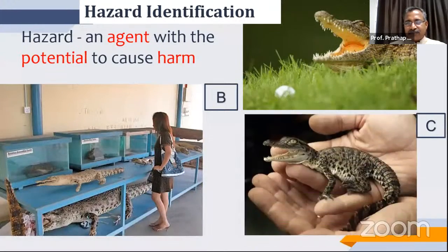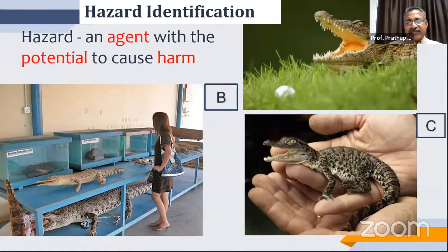Now you can see these three pictures, nothing to do with food anyway. On the left side, on the top, you will see an actual crocodile. In the middle, you have a preserved, mummified crocodile. On the right side, you have a very small, tiny baby crocodile. If I did not show these pictures, I would have said A, B, C are all crocodiles.